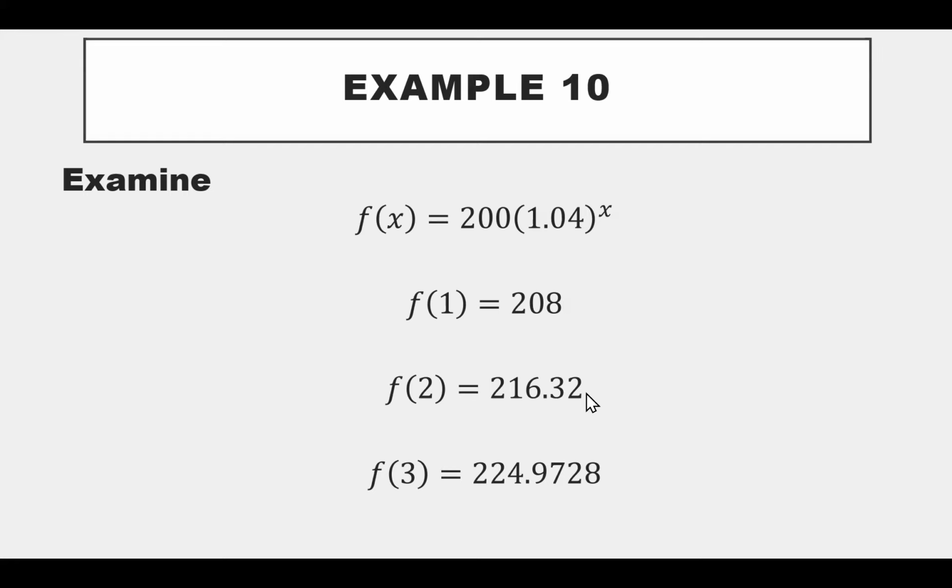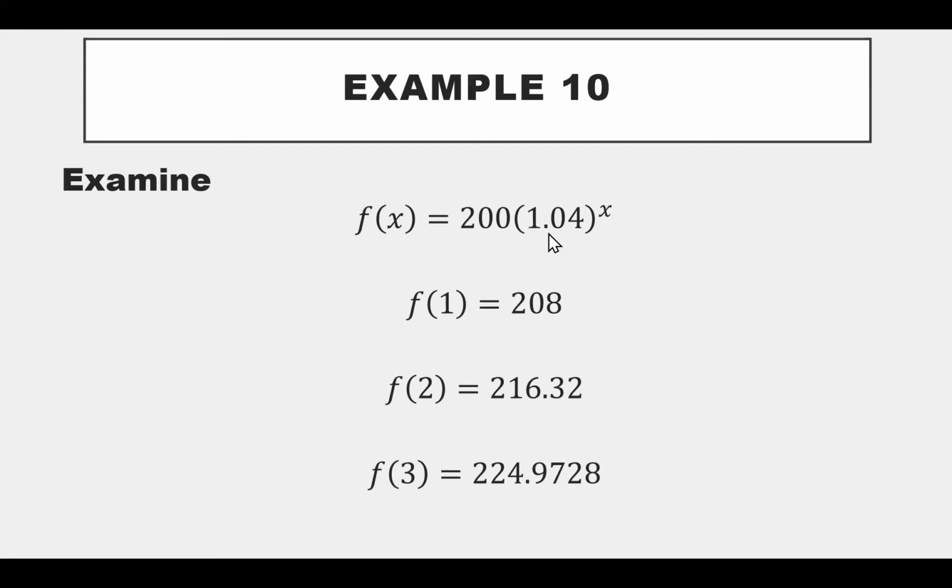Going from 208 to 216.32 is another multiplication by 1.04. Going from 216.32 to 224.9728 is another multiplication by 1.04. This is the exact value. So each time we increase our input value by 1, it's another multiplication by 1.04.